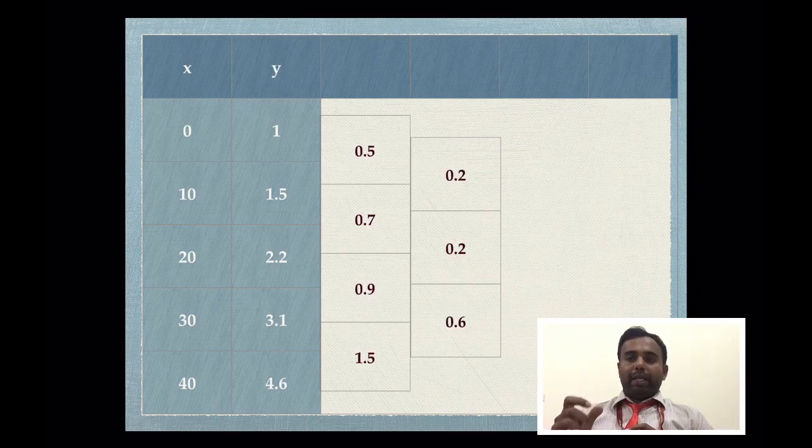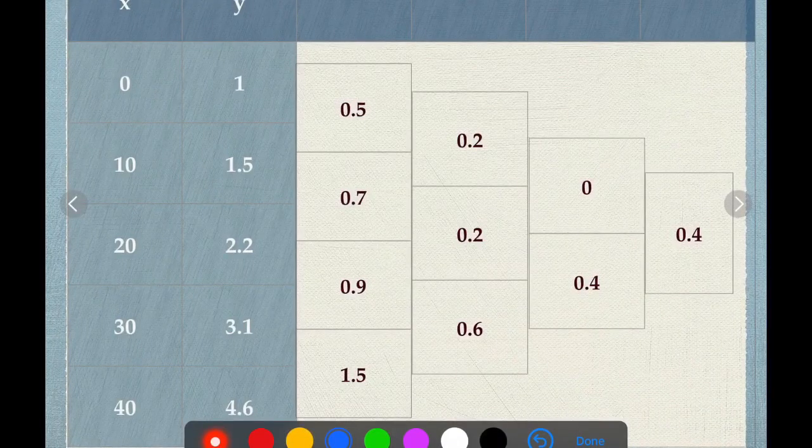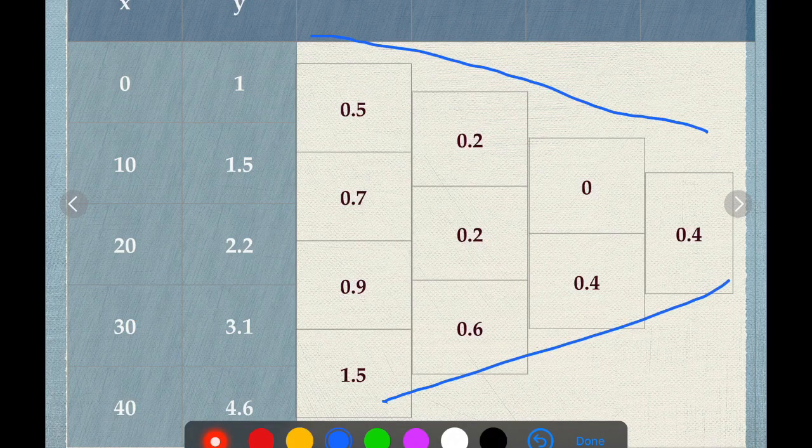Next, 0.2 minus 0.2 is 0, 0.6 minus 0.2 is 0.4, and finally 0.4 minus 0 is 0.4. As I told you earlier, we are supposed to get something like a V shape. We can also observe that the last column has only one number, so we can't proceed further.